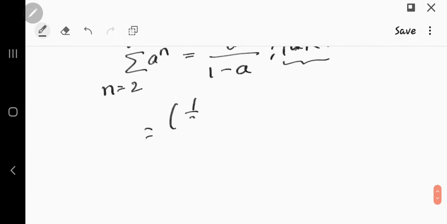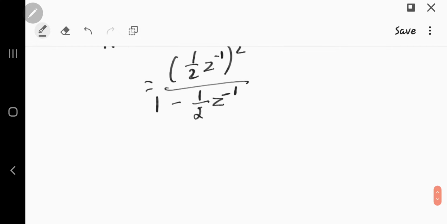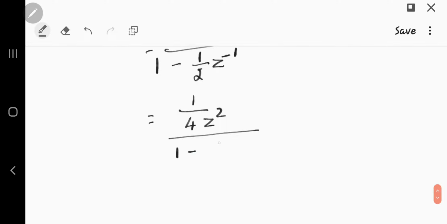So, I can write it like this: 1 by 2 z inverse whole square divided by 1 minus 1 by 2 z inverse. Now, if you simplify this, I will take this z below, and if you take the square, 1 by 4 z square divided by 1 minus 1 by 2 into 1 by z.